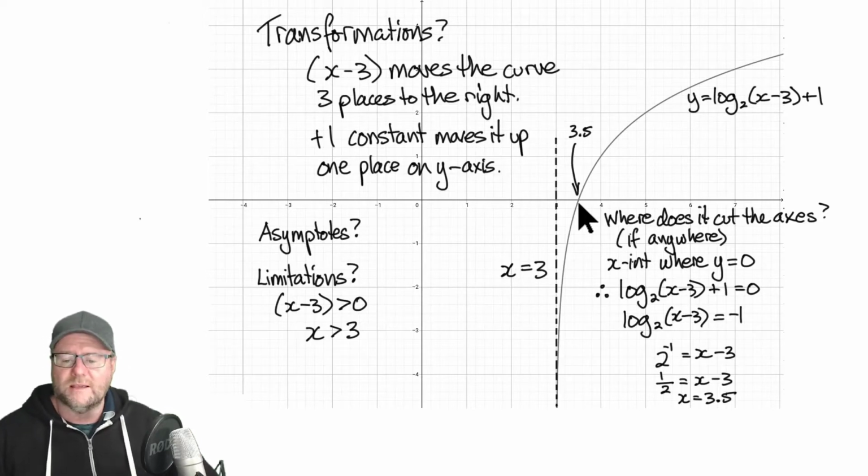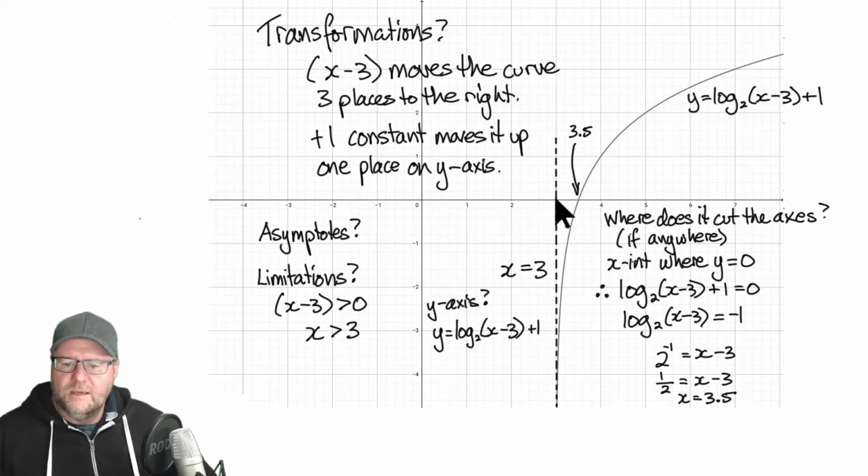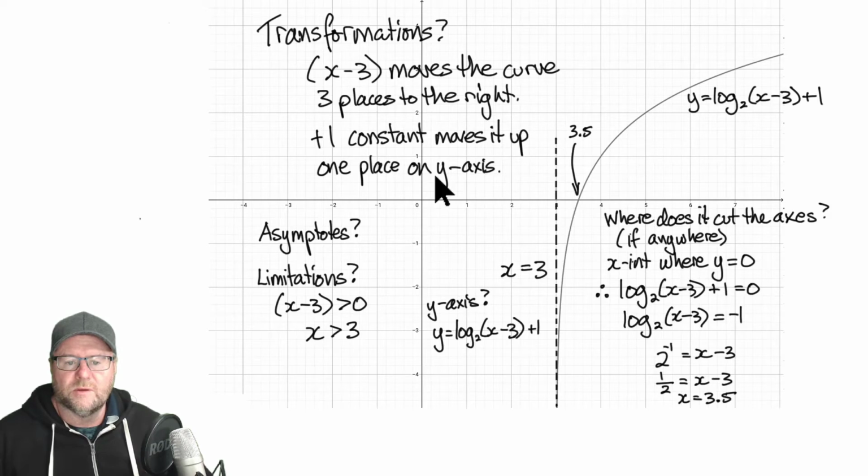All right, what about the y-axis? I don't think it does. Have a look. Just visually, I've got this asymptote, so it won't. But let's prove it. The y-intercept will happen when x equals 0, doesn't it? When the x value is 0, that's where we cut the y-axis. So let's put 0 in where my x is.